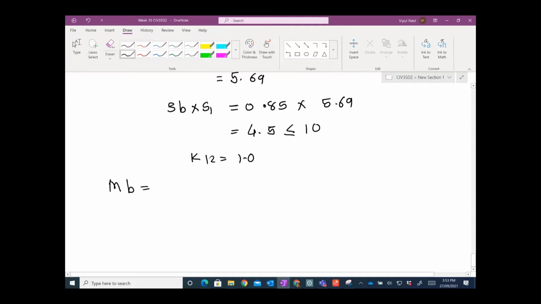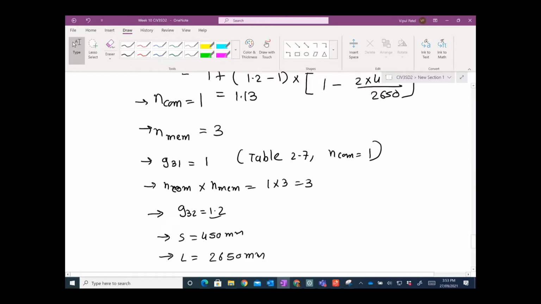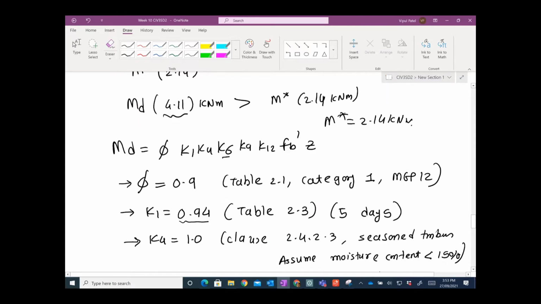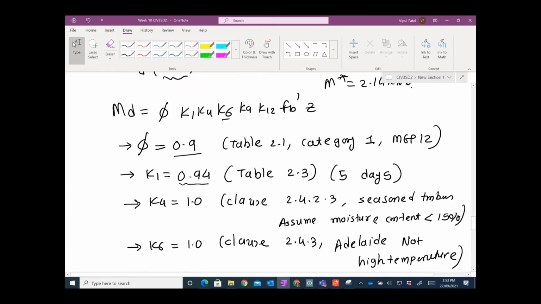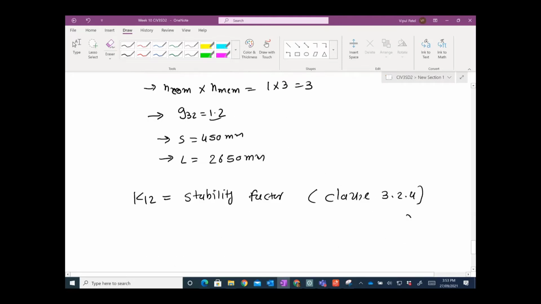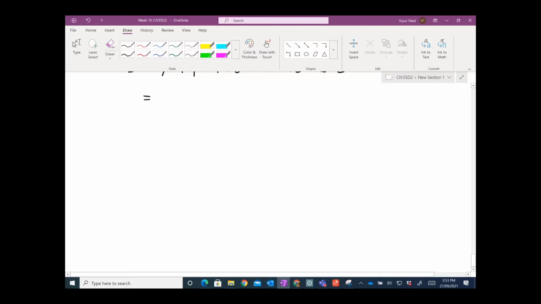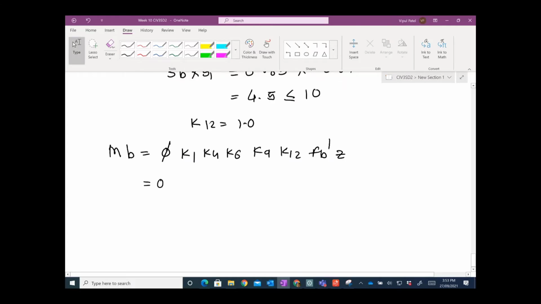M_B equals phi K1, K4, K6, K9, K12, f'b and Z. Phi we calculated, remember, category number 1, was 0.9.